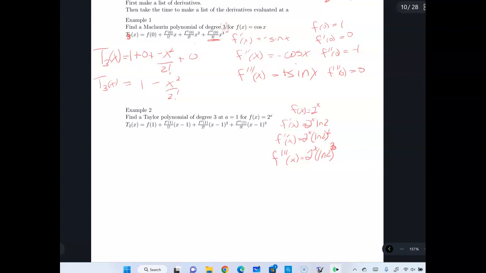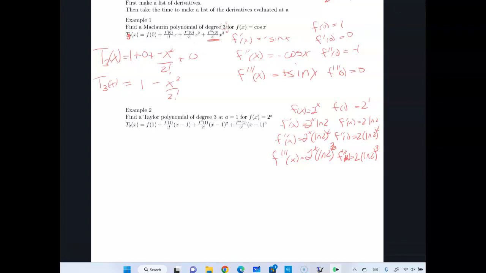Let's plug in 1. So f of 1 is 2. F prime of 1 would be 2 times ln of 2. F double prime of 1 would be 2 times ln of 2 squared, and the third derivative at 1 would be 2 times ln of 2 cubed.